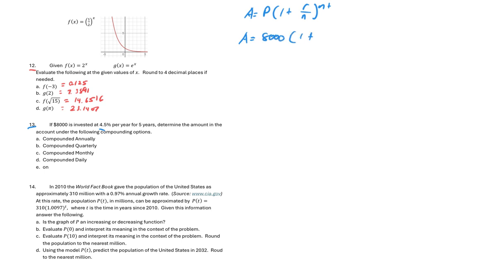For part A, it'll be plus 0.045. There's only one compounding period annually, so n is equal to 1, so we get that 1 times 5. If we plug that into the calculator and round to the nearest cent, we'll get $9,969.46 for part A.